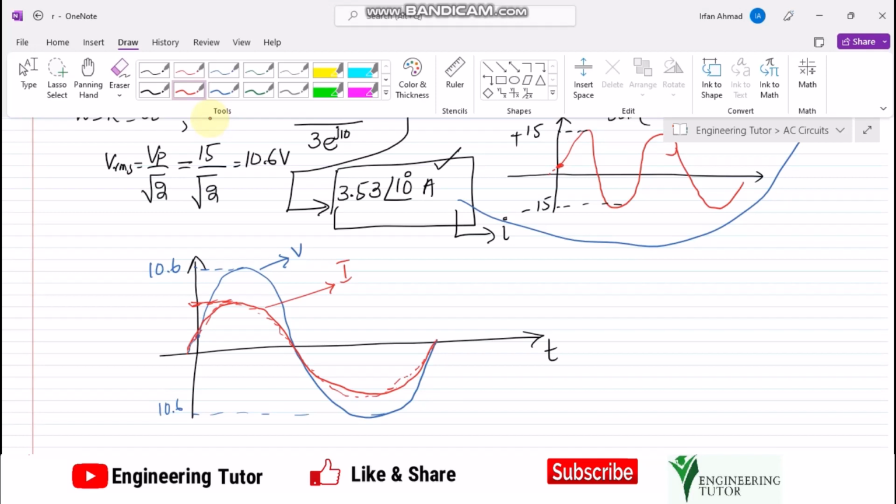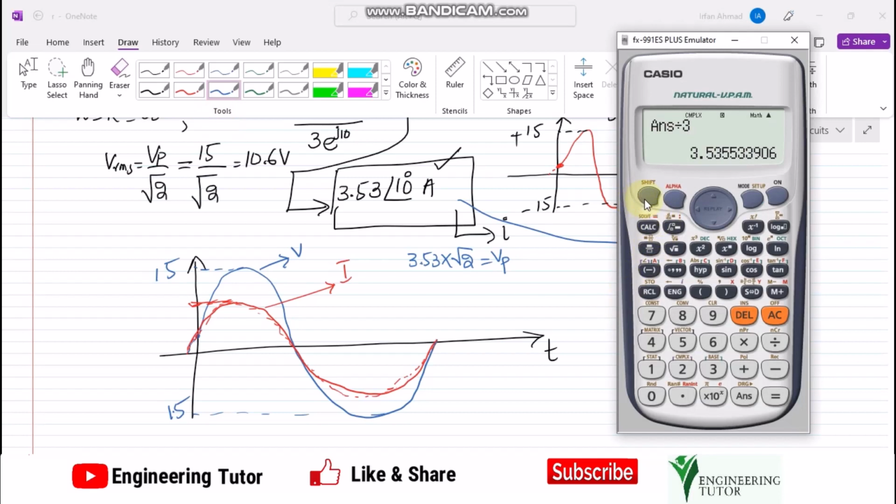Sorry, these are not the peak values. Let me make a correction here. This 10.6 was basically the RMS value. So here the peak is 15, and this is also 15. For the current, the value of the RMS here is 3.53, and in order to find the peak value, I have to multiply it by square root of 2.